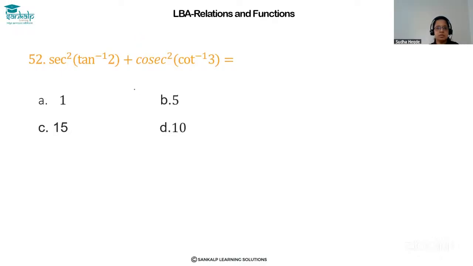Hi students, the question is secant square tan inverse 2 plus cosecant square cot inverse 3 is equal to option A 1, option B 5, option C 15, option D 10. So let us check the value.